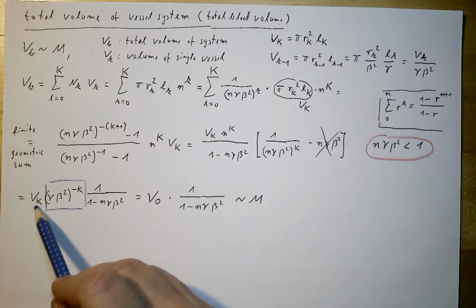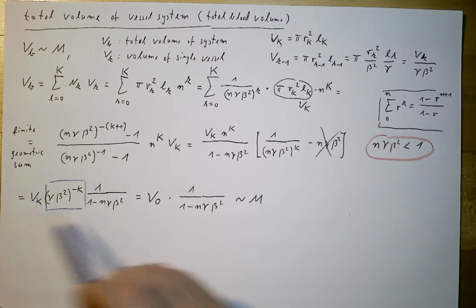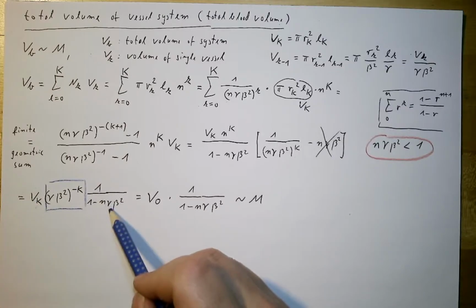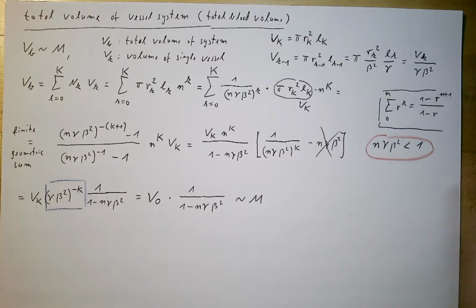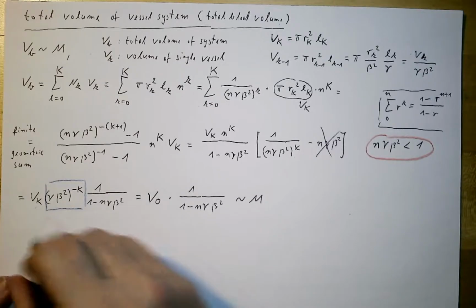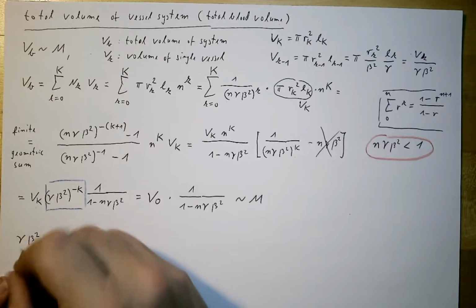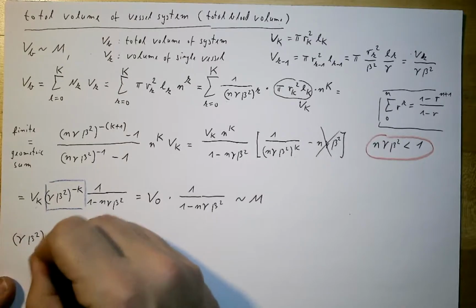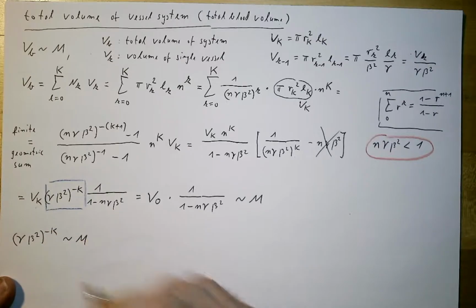The capillary, we said, is the end membrane, and it has a volume which is totally independent of the animal. It's the same for a mouse or an elephant, and that's just our parameters of the model, which also shouldn't depend on mass. So only this term can depend on body mass. So we know that gamma beta squared to the minus k should be proportional to the mass of our organism.